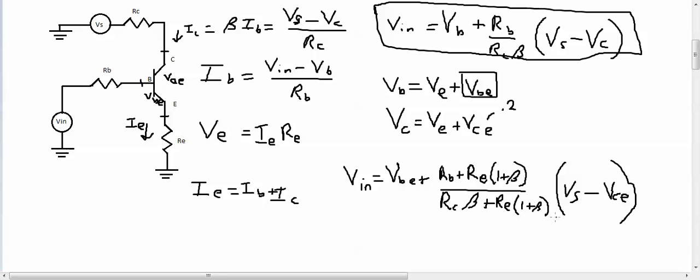And that will give us the minimum voltage required to saturate that transistor.